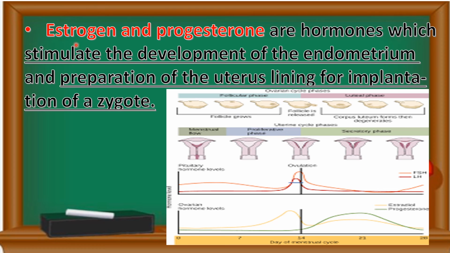Those are responsible for the stimulation of the development of your endometrium. That's why your endometrium thickens. Okay, so in that way, there will be preparation for the uterus lining, or your endometrium here, for implantation of a zygote, or your fertilized egg.